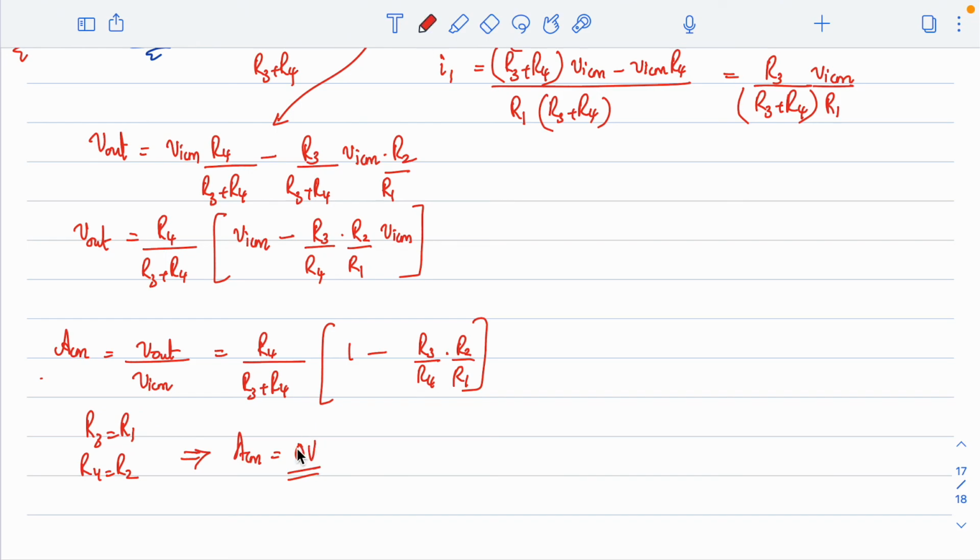Now one thing what you can see here is common mode gain will be equal to 0 only if your R3 equal to R1 and R4 equal to R2, or I can say any mismatch in the resistance values, which is possible because it is not practically possible to have two resistors of equal value, because at least tolerance there will be some difference.